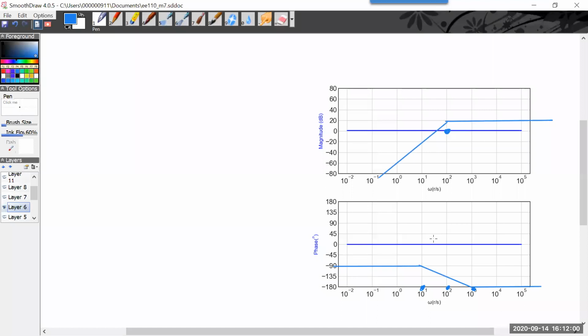Okay, now I just want to talk a little bit about how to do an exam right now. And really, all I need to know, to get that problem correct, is that the magnitude has that shape, and then you label that point 100 radians per second.